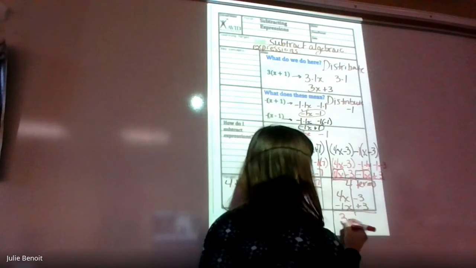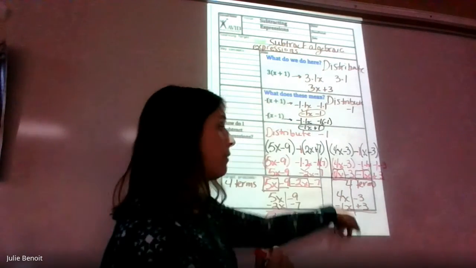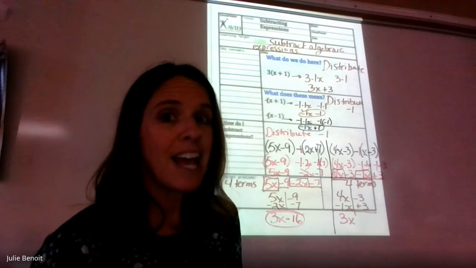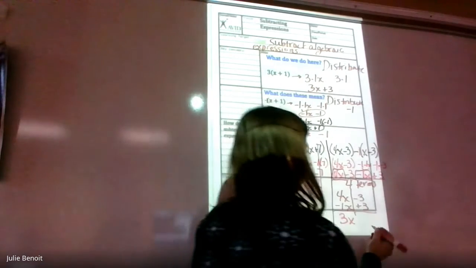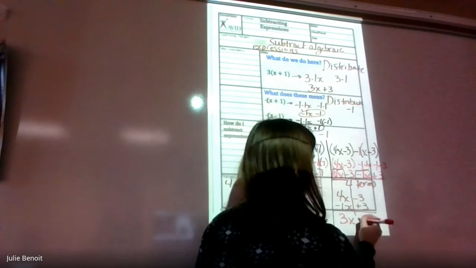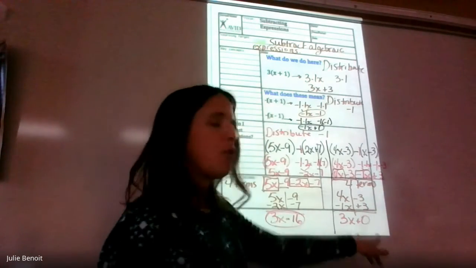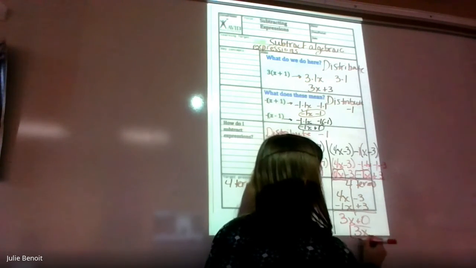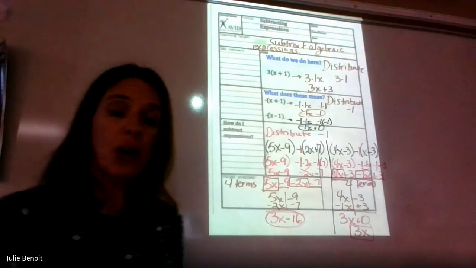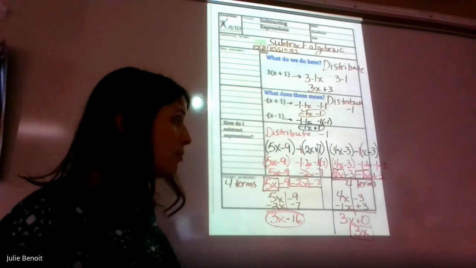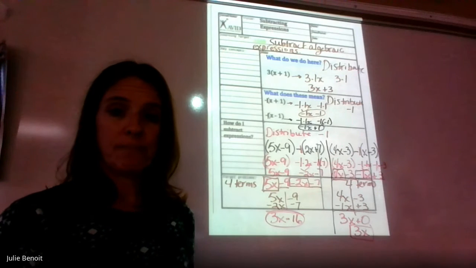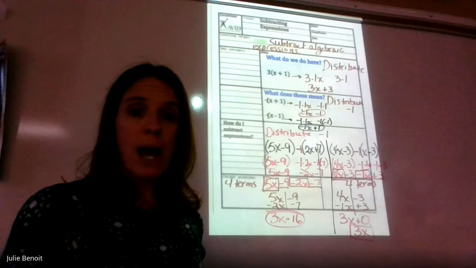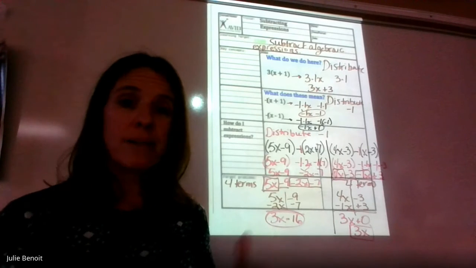Subtract, we have 3x. -3, +3, that's a battle. Hopefully you recognize that as a 0 pair. So that makes 0. Instead of writing 3x plus 0, you can just write 3x. And we stop there because, again, we still don't know what x is. If you need a minute to copy down, you can pause, rewind. I'm going to erase and go on to page 2.